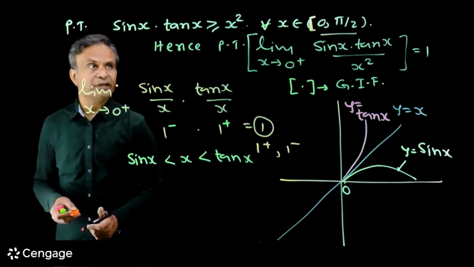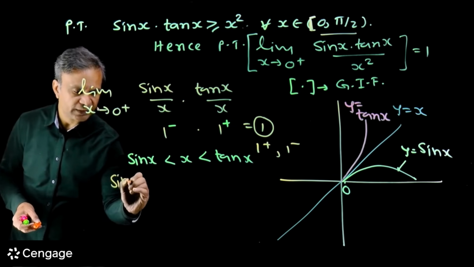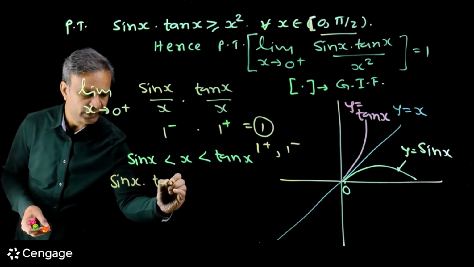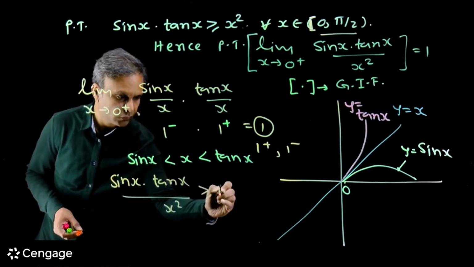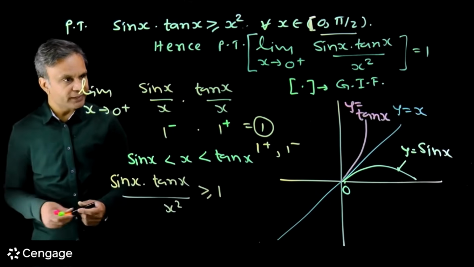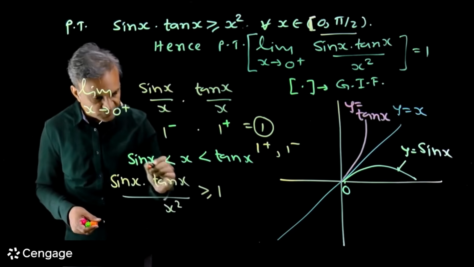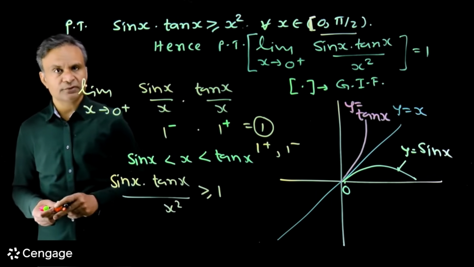Now sin x into tan x is greater than or equal to x square. So sin x into tan x over x square will be greater than or equal to 1. So definitely this value will be 1 plus for x tends to 0 plus.